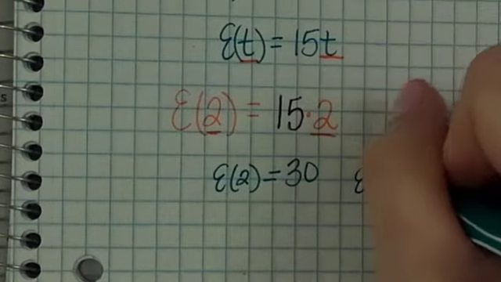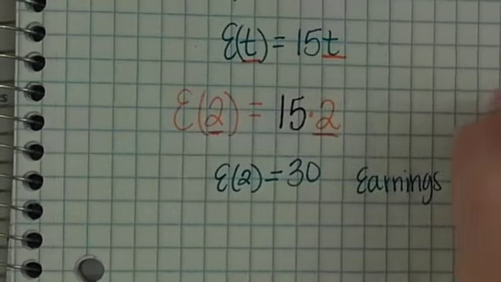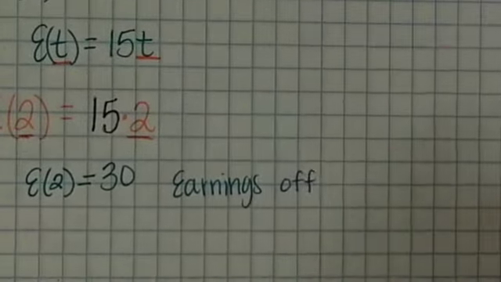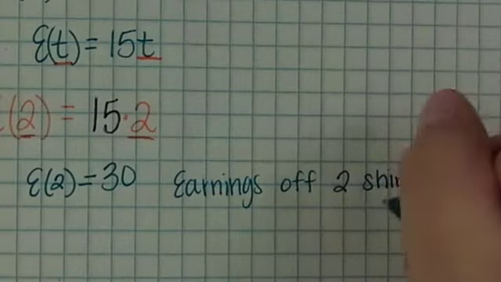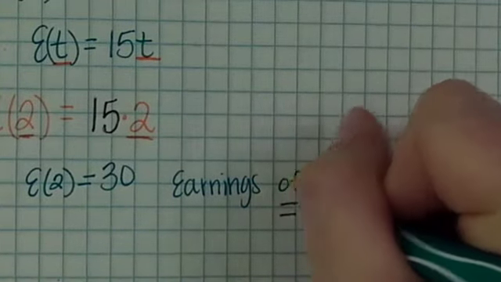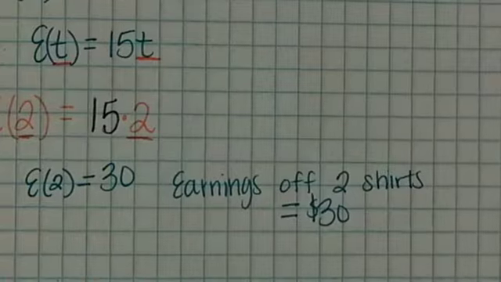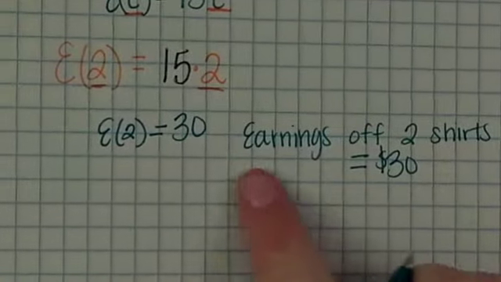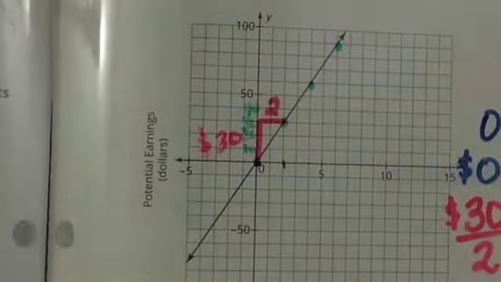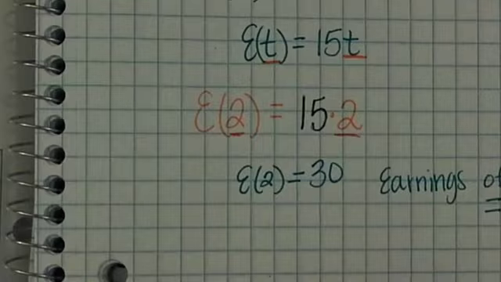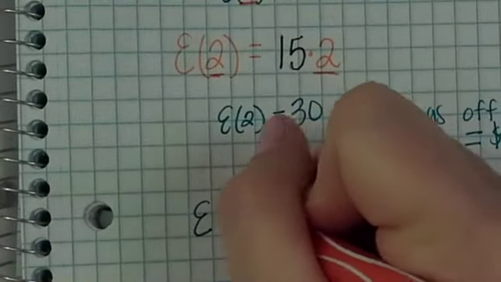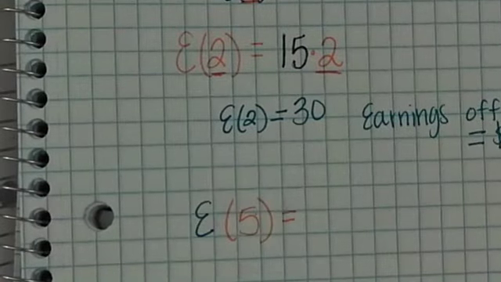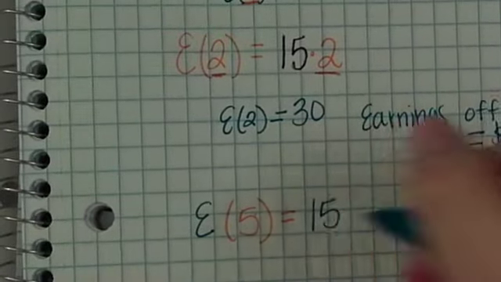So earnings of 2 shirts equals $30. So that's what that means there. Okay, the next one was earnings of 5. So we're going to do E of 5 equals, again, it's $15 per shirt.